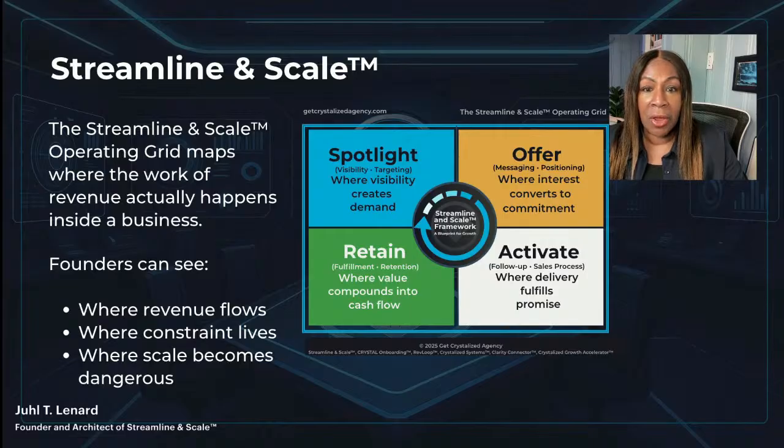Spotlight, Offer, Activate, and Retain are those quadrants, and they align with the structural domains. This is where the founder can understand the flow of revenue. You can see the constraints, and also identify those areas that make it dangerous to scale without fixing.